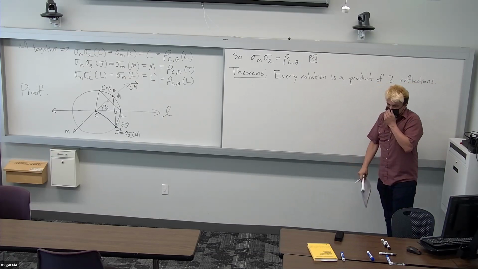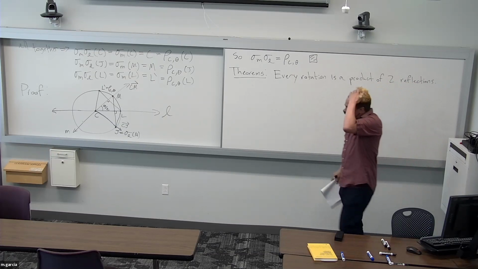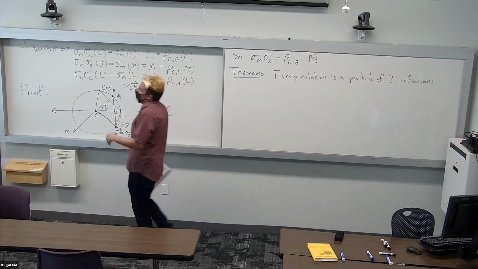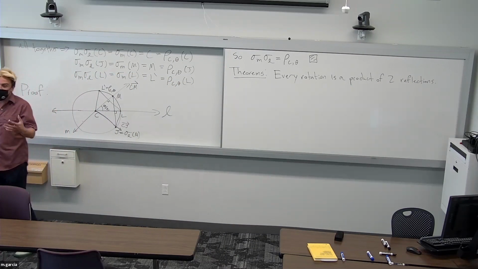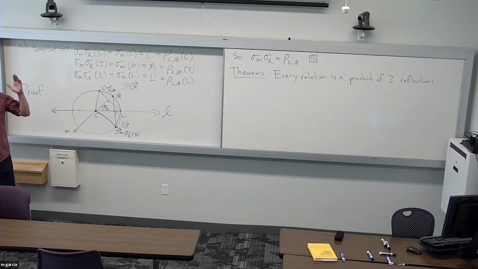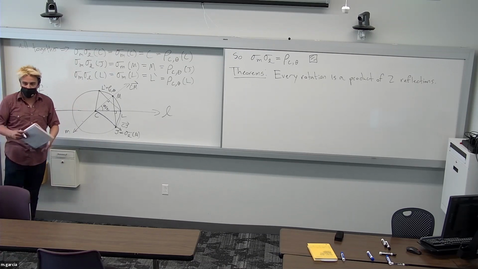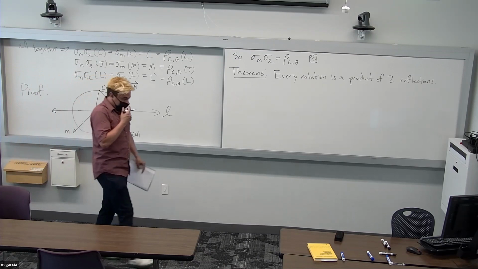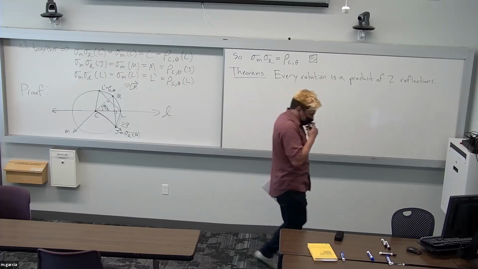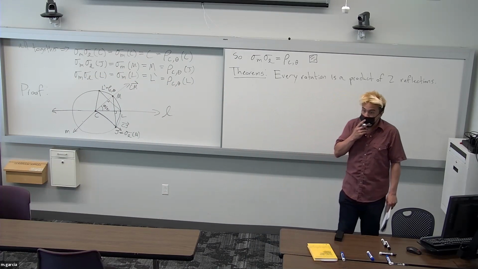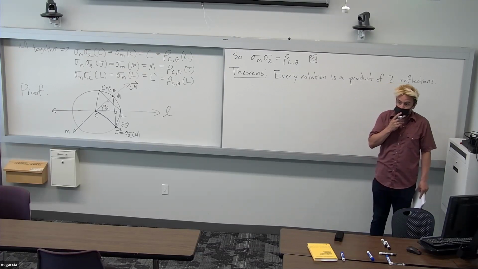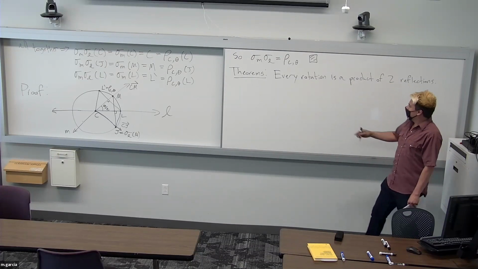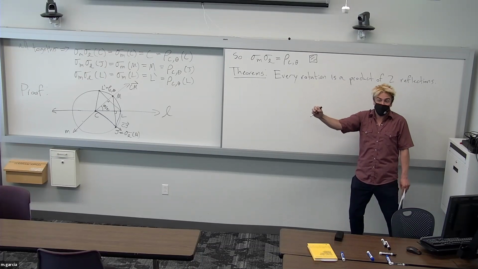How do I find those two reflections? By which I mean, when I say find those two reflections, what I really mean is to specify the lines about which they reflect, or which they reflect against. It needs to be lines that C is on. Okay, good, right, so every rotation has a center.